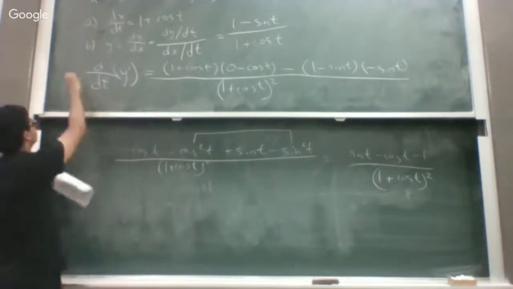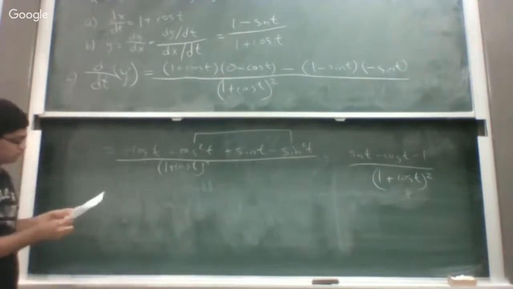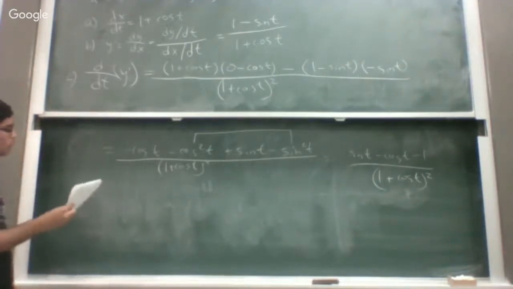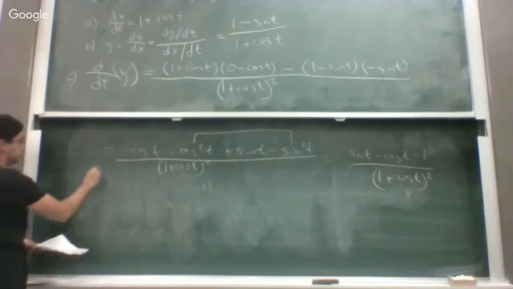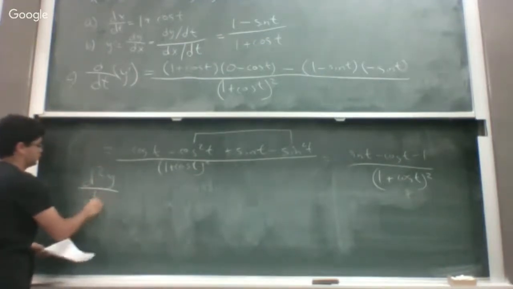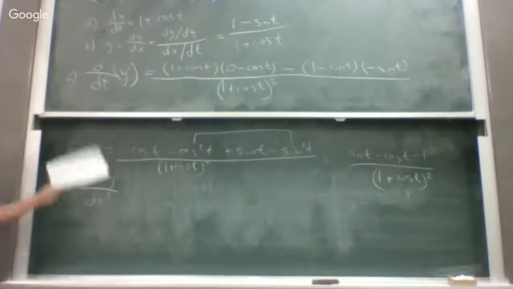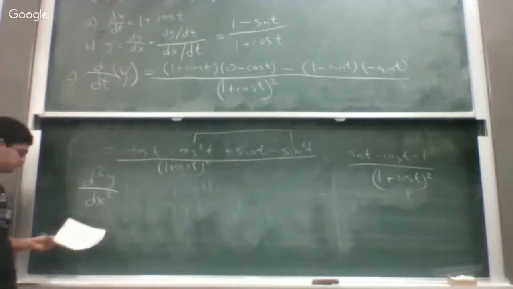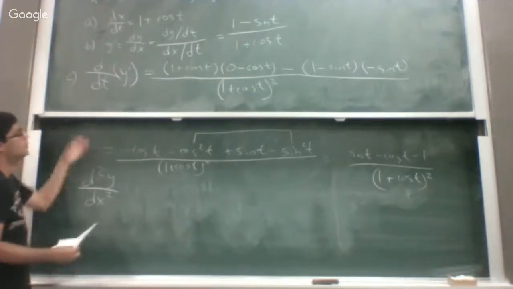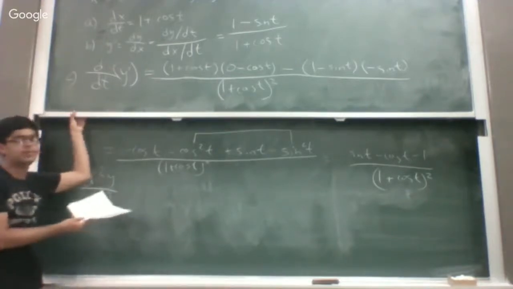So for part B, it asks for y prime. Oh, sorry, this is part C, because part B was just y prime. Part C is the second derivative, which is also d squared y over dx squared. That's equal to this. Yeah, remember that. You guys have this copy?